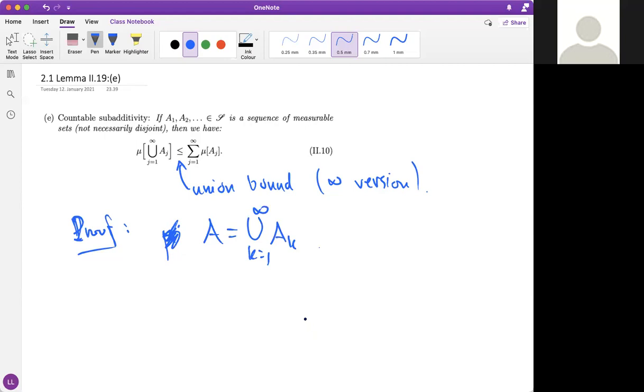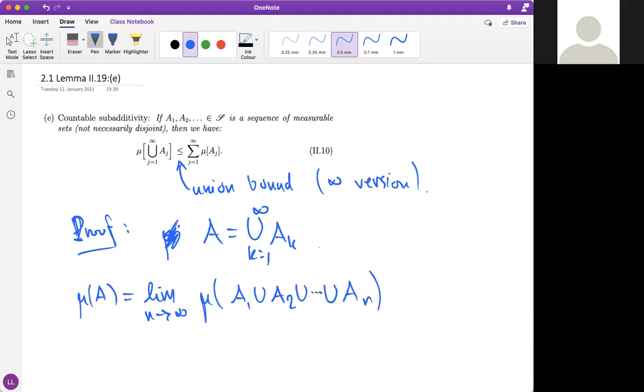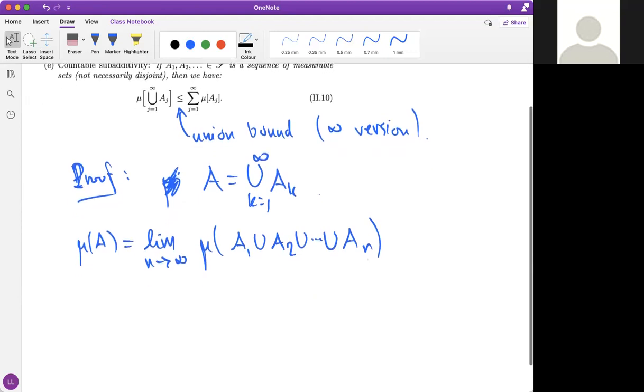And then let's write mu of A. From the previous part, we know that this is the limit when n goes to infinity of mu of the union A_1 up to A_n, like this.